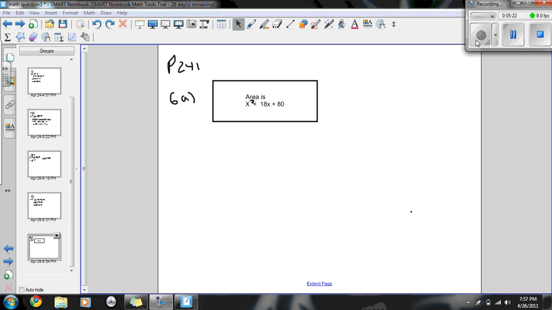Okay, so we're on page 241, 6a. The question says, determine binomials that represent the length and the width of each rectangle. Then determine the dimensions of the rectangle if x represents 50 centimeters. So first you have to determine binomials that represent the length and the width.